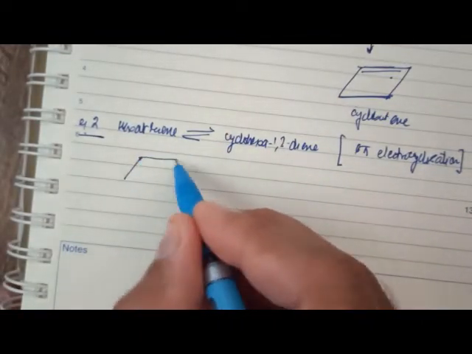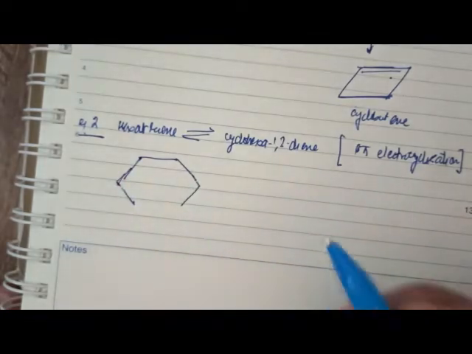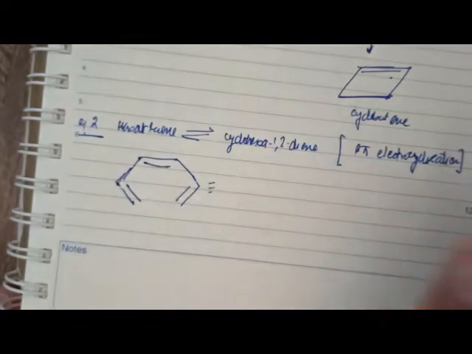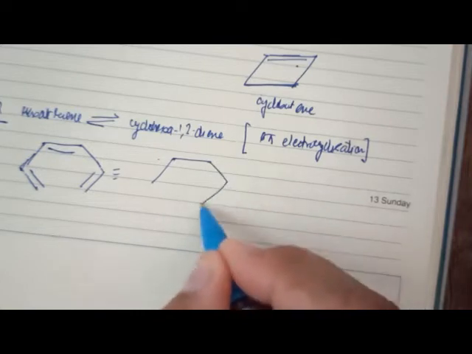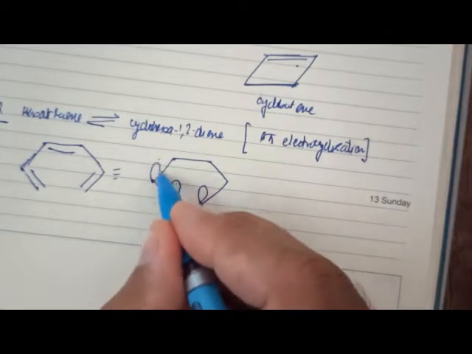Right. How do I draw the hexatriene? Simply I can draw the hexatriene in this fashion. Right, this is the hexatriene molecule. If I have to draw the lobes, I'll draw the lobes like this. I am more concerned with the terminal p lobes.